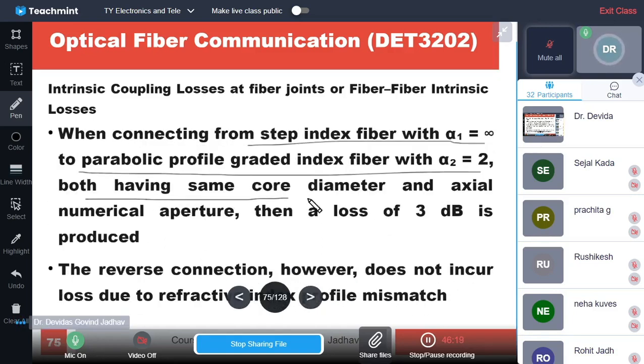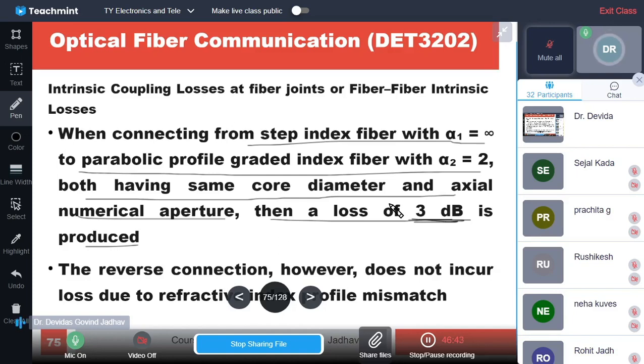With both having the same core diameter and axial numerical aperture, a loss of 3 dB is produced. In the worst case, that is a triangular refractive index profile receiving from a step index fiber, 3 dB loss is produced, which is quite a large loss. What is 3 dB loss?